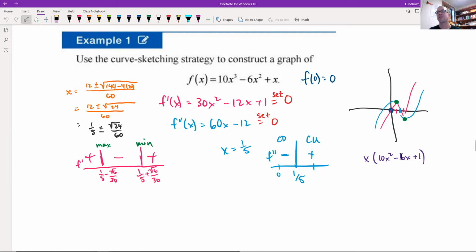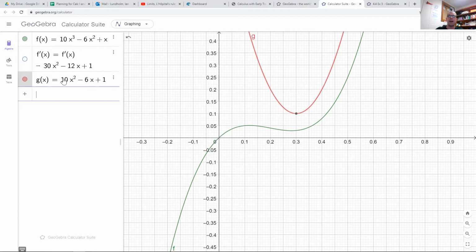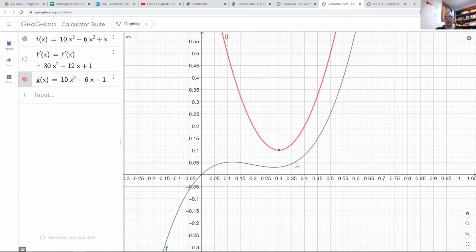This would give us 2 more numbers, possibly. Maybe not. Is this one factorable? Let's see, 10x squared minus 6x plus 1. I'm kind of thinking it's not factorable.